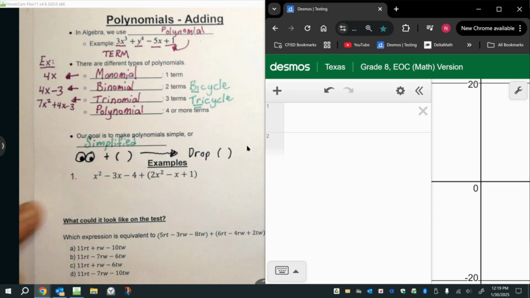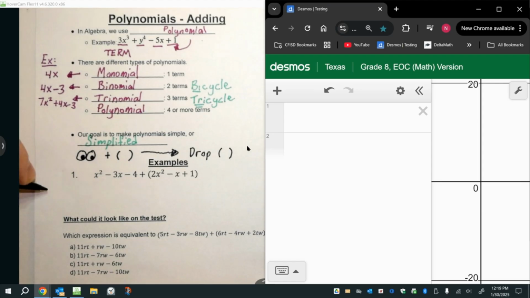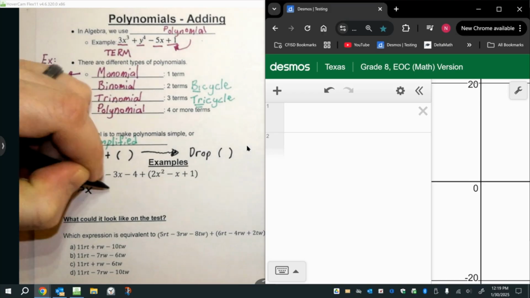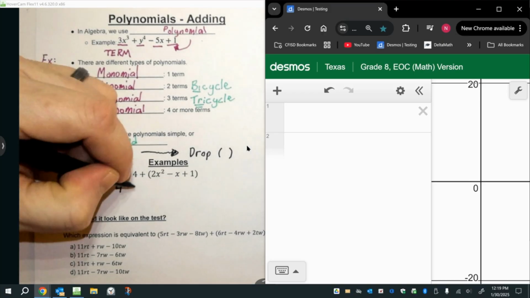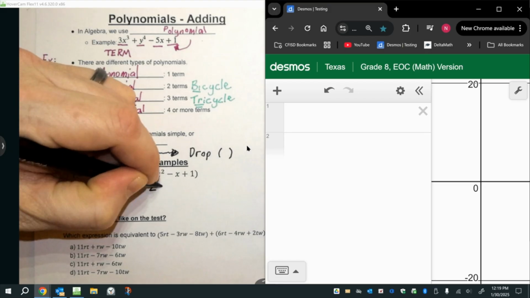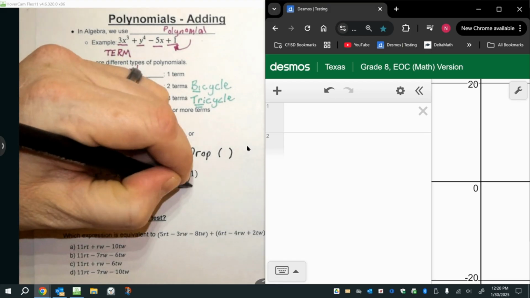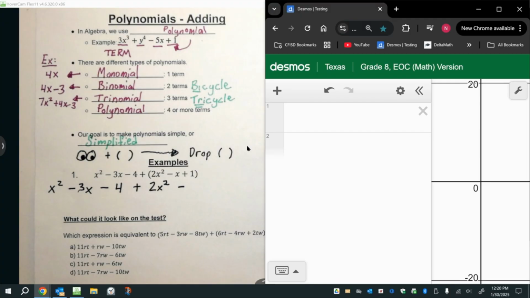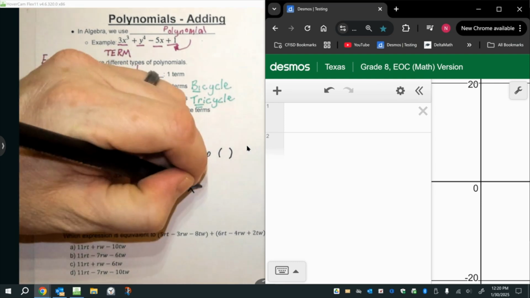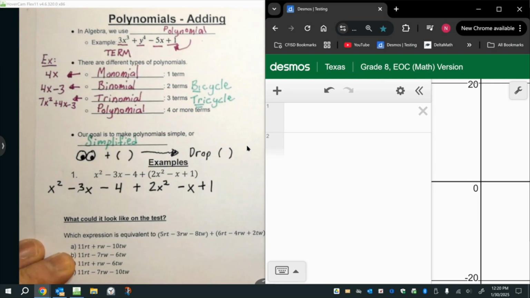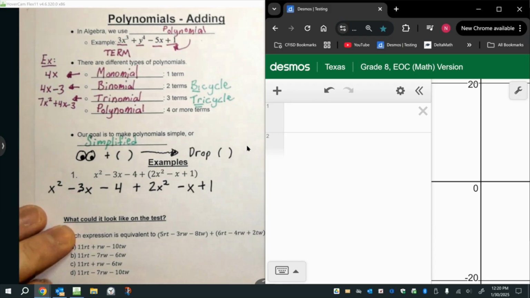So essentially, I can pretend that the parentheses aren't even there. So I have x squared minus 3x minus 4 plus 2x squared minus x plus 1. And so the goal is to combine things together, simplify things, make it smaller.